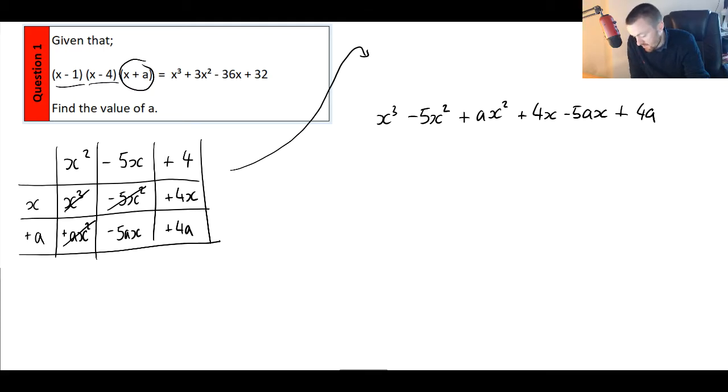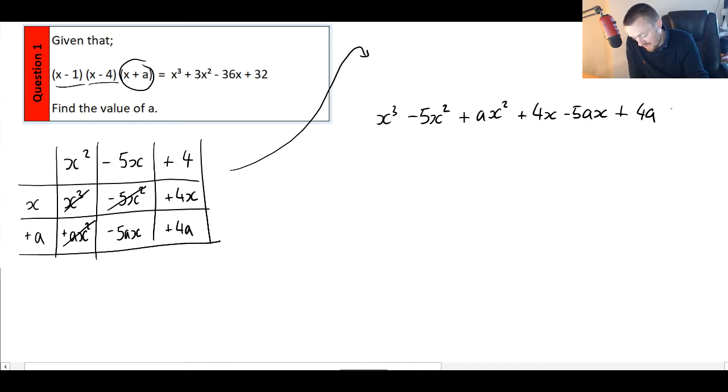Okay, now this looks complicated, but actually I want you to look through the terms and see if we can see anything that just has an a in it without an x, because that's going to make life a lot easier. So if I looked at the x squared terms, that's got a negative 5 and an a, and the x's have a positive 4 and then a minus 5a.